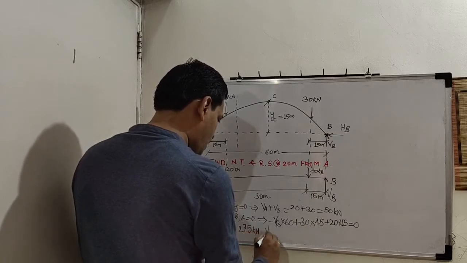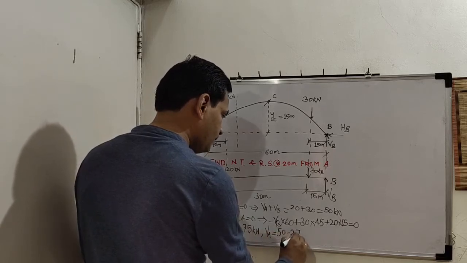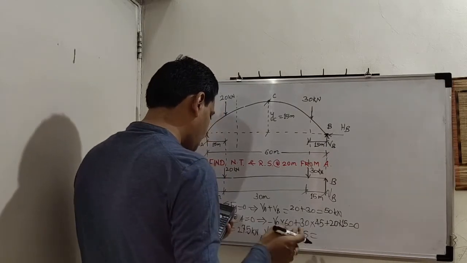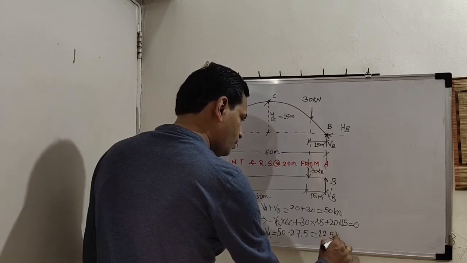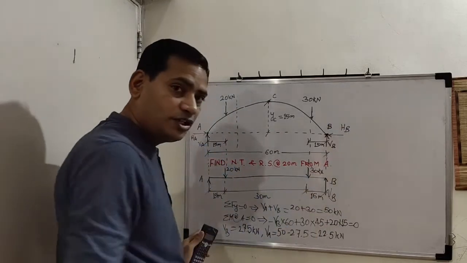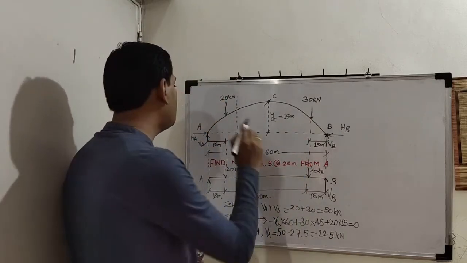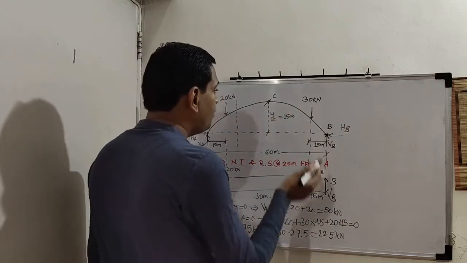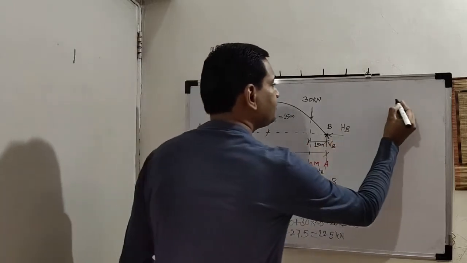So find out VA. 50 minus 27.5. How much? 22.5 kilonewton. Now we have to find HB. So again we will consider any part of the arch, either A to C or B to C. In previous cases we have seen the BC part, now we will consider the AC part.